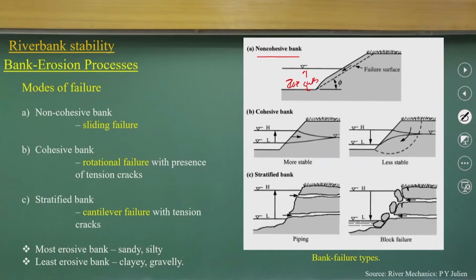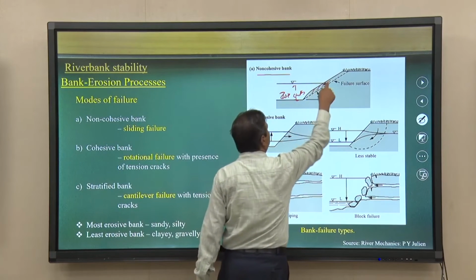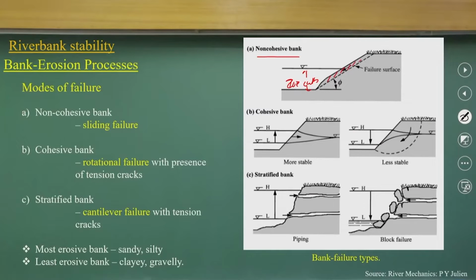so the toe part will be scoured, and the bank will slide down as a slice, because as soon as the angle is more than the angle of repose of the bank materials, sliding will happen for non-cohesive banks.